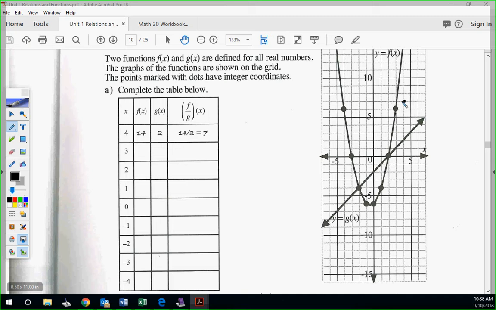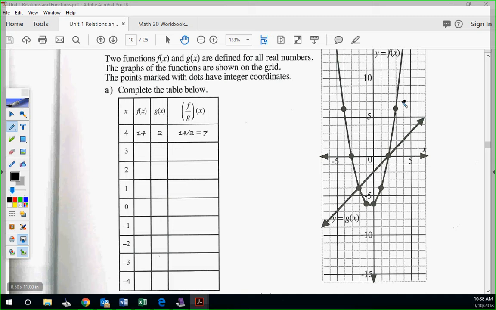Now, a couple of you had a homework question where these were blank and you were kind of lost. You get these from the graphs that are given to you. This says f of x, so I look at x equals 3 on the f of x graph. It's all the way up here, looks like right there.